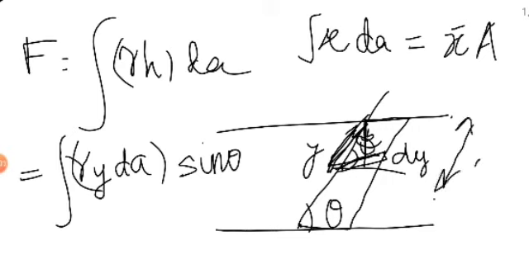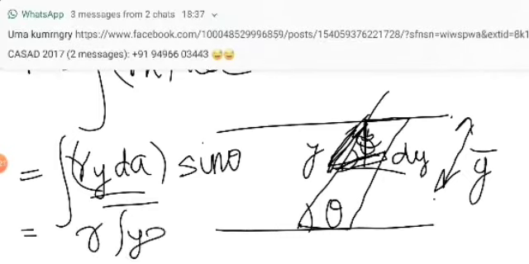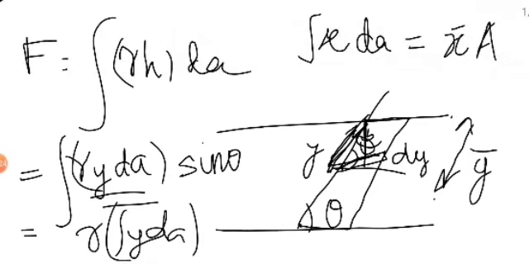Suppose y bar is the distance of the centroid from the water surface, which is the axis about which we have considered the moment. See, here we have gamma times integral y dA times sine theta. So this integral y dA is nothing but the first area moment of inertia about an axis along the water surface.